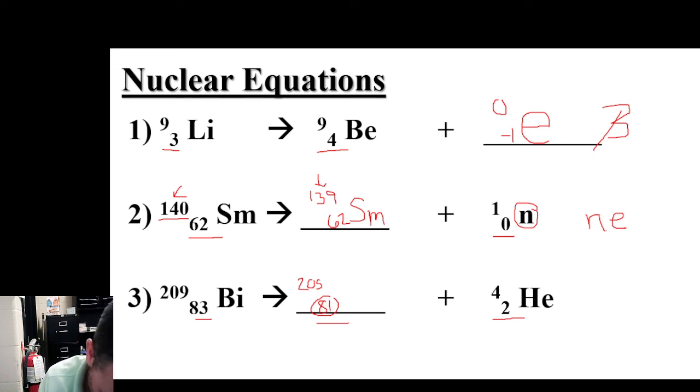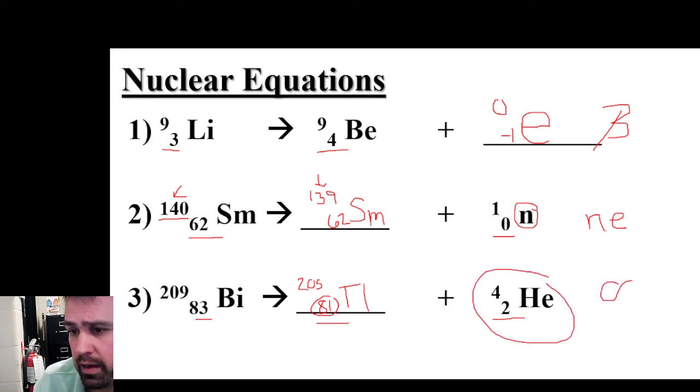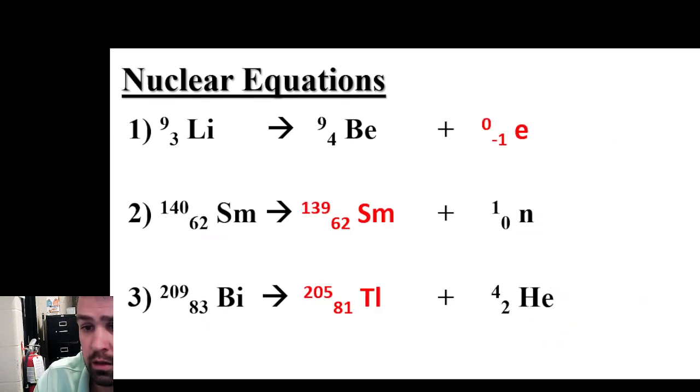Well, if I go to my periodic table, element number 81 is Tl. And because this is helium, this is going to be an alpha decay. And there you go. Okay, so there's a few more examples that you can go through. I'll also do some examples on the homework video that's coming up. All right, so be looking.